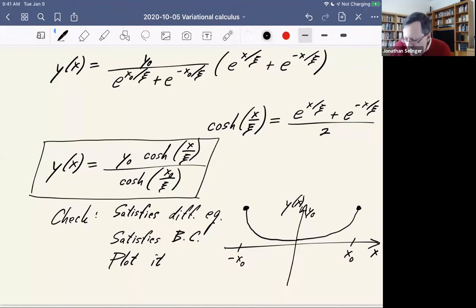If you don't remember hyperbolic functions and you want to go back to the exponential expression here, what would you do? Well, you'd say for large positive x, you have this exponential plus that exponential. And this is a really big number, and this is a really small number. And so for large positive x, it's dominated by this term, so it should look like an increasing exponential.